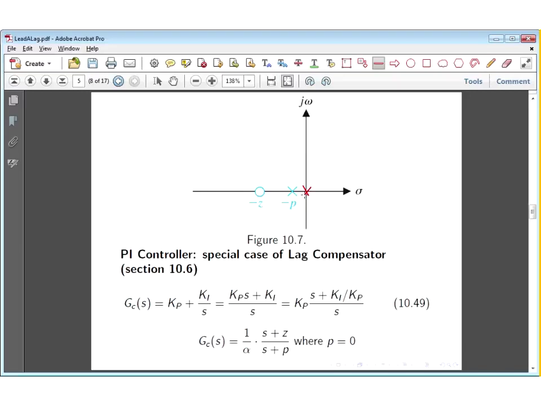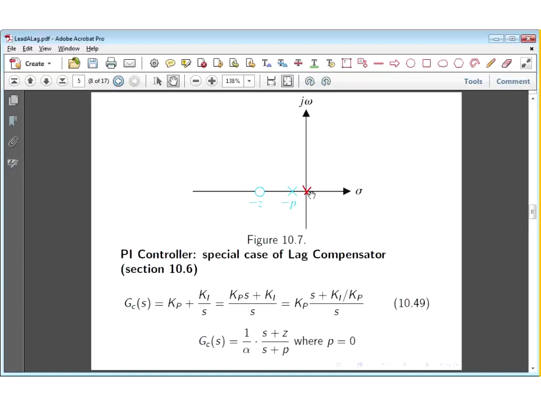So instead of as indicated here, it's as indicated with a red cross. So what we see is that you can think of the PI controller as the limiting case of a lag compensator. On the one extreme, if the pole is located right at the 0, that is a PI controller.